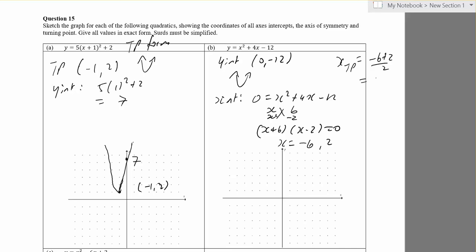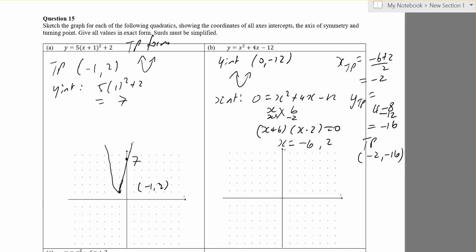That's -4 divided by 2, which is -2. y TP would be when we sub the value of -2 into the original. So 4 minus 8 minus 12, which gives you -20 plus 4 is -16. So TP is at -2, -16.